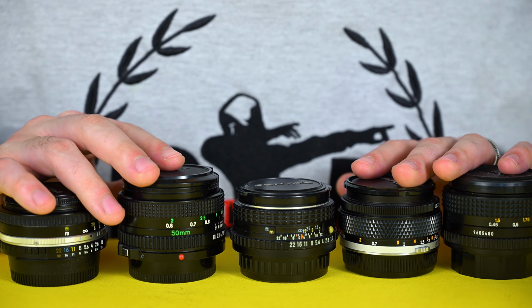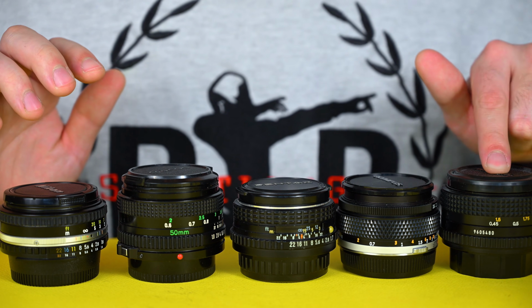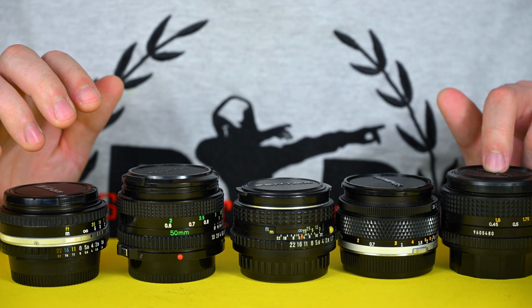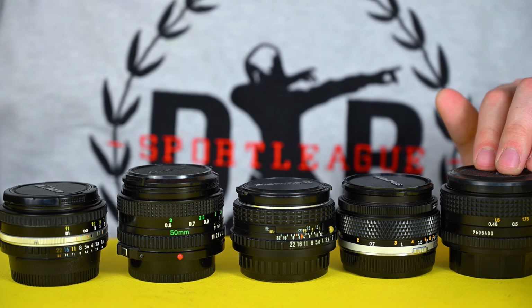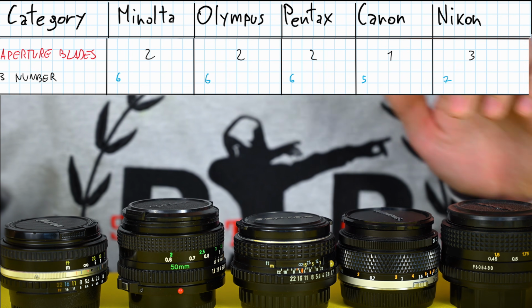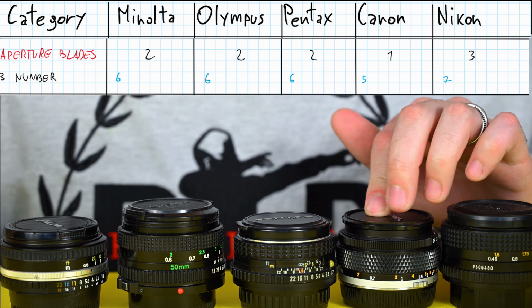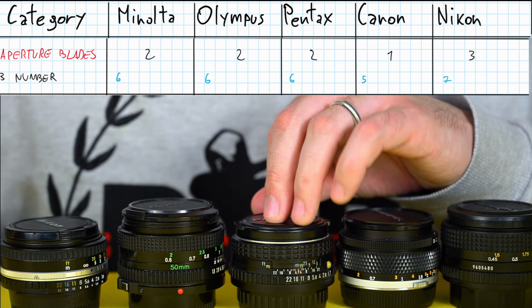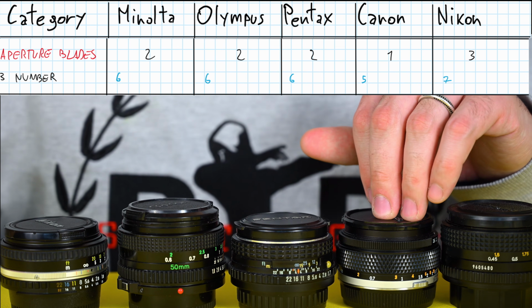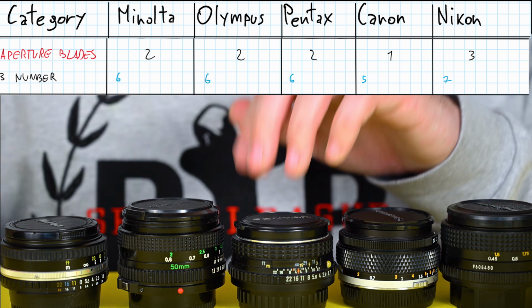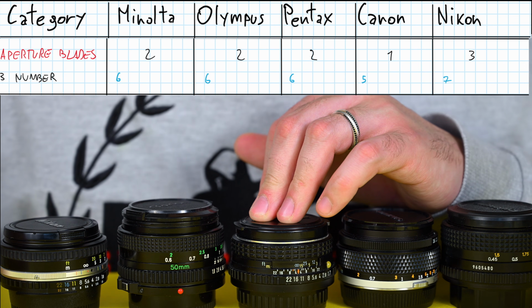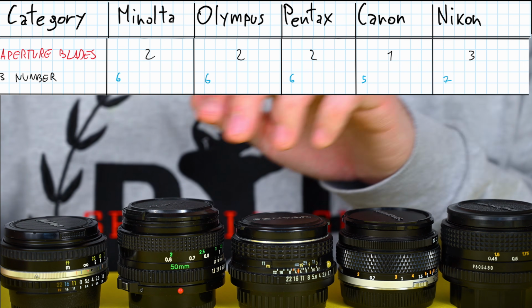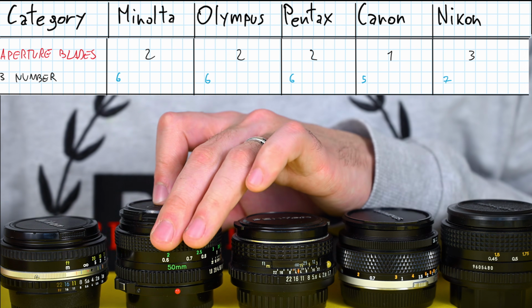The next thing is the aperture blades. We have got 6 aperture blades on the Minolta. I bring here a maximum of 3 points, and I give 2 points to Minolta, 2 points to the Pentax, which also has 6 aperture blades, and 3 points for the Olympus, 6 aperture blades. We have got only 5 aperture blades on the Canon.